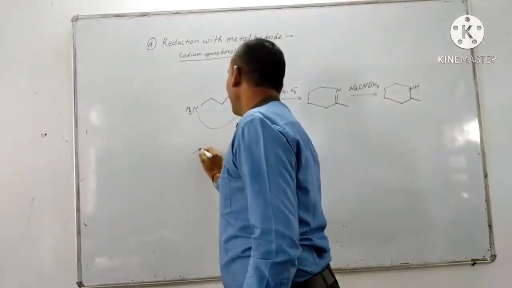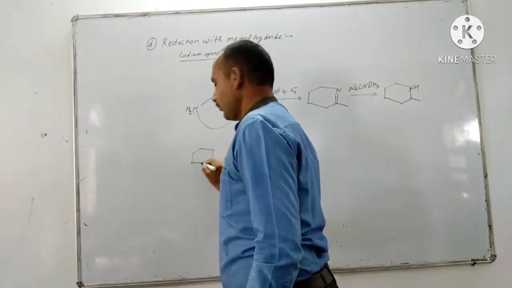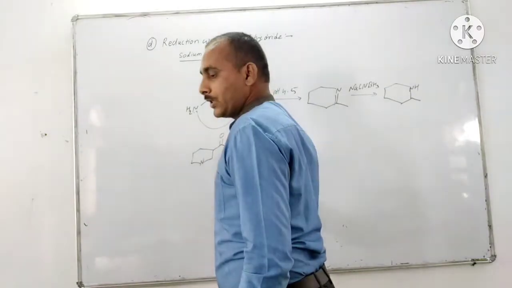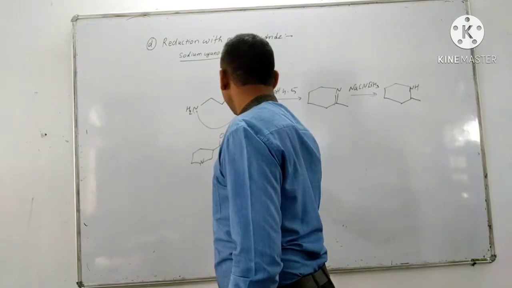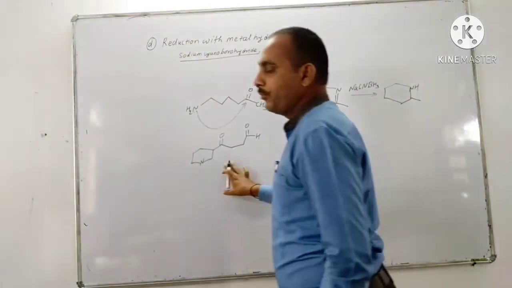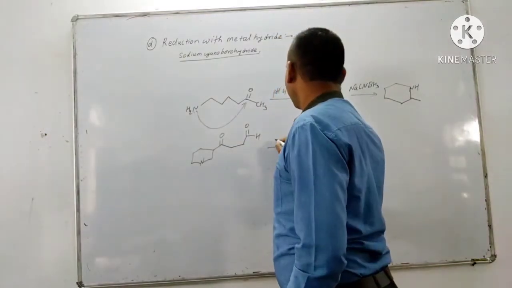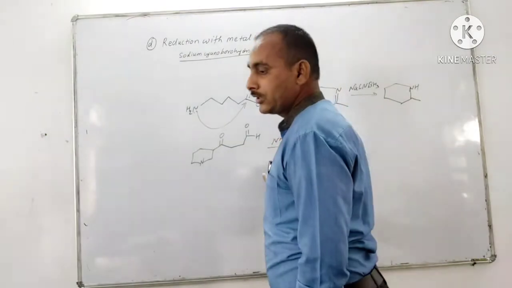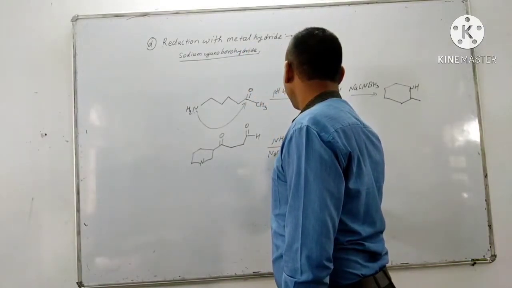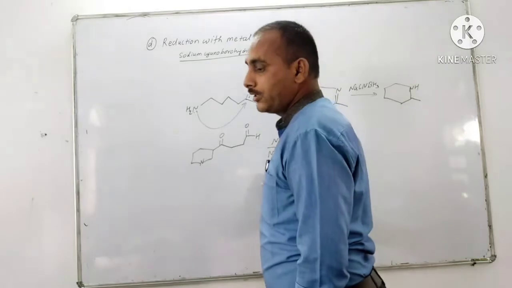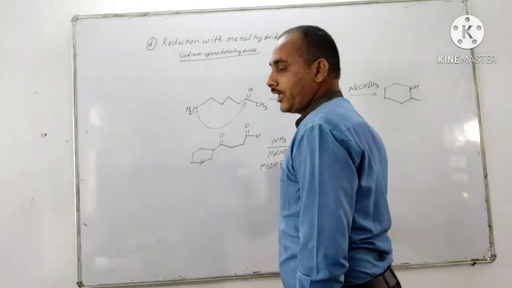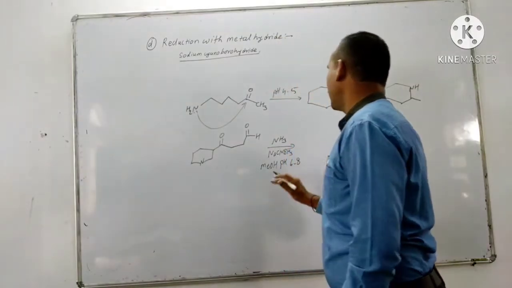Let's see another example. A dicarbonyl compound, C=O CH2CH2 C=O H, in presence of NH3 and sodium cyanoborohydride, MeOH as a solvent and pH 6 to 8.